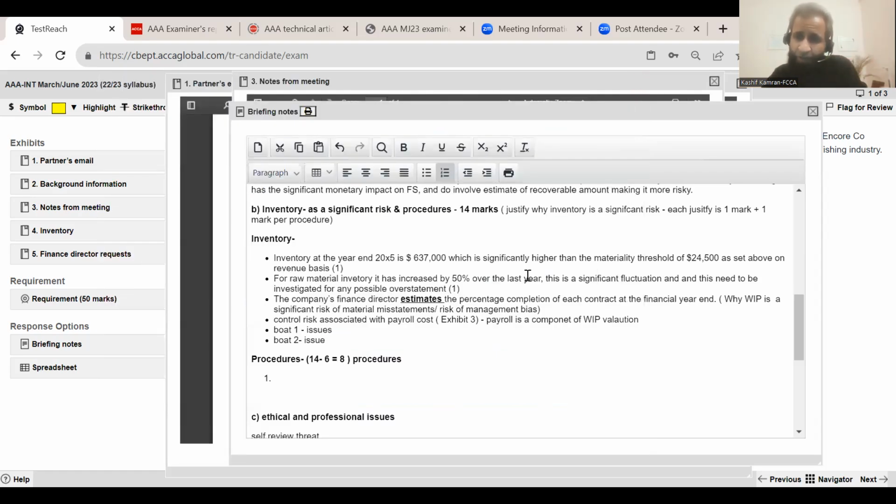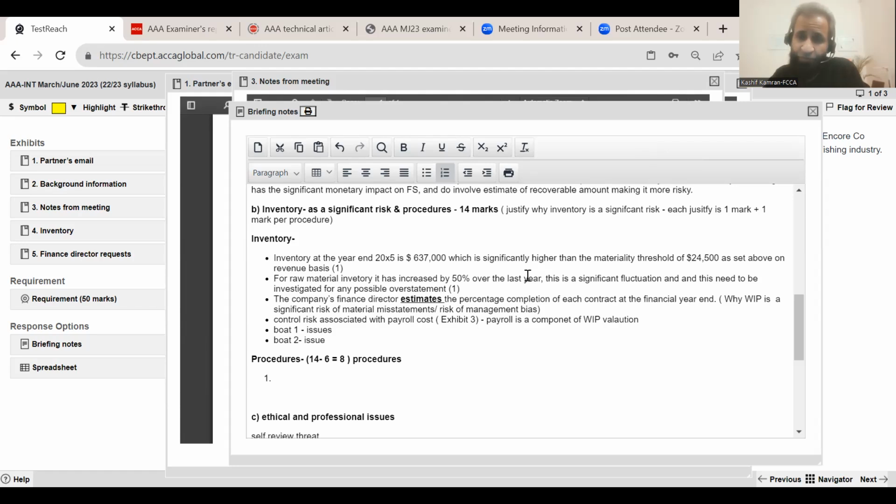This is one requirement which can come in your future exams as well, where the examiner might ask you to justify why a certain account balance has been considered a significant ROM. So you need to go into the case to find the justification. One simple justification could be that it is above the materiality threshold, and the rest of the justification should come out of the case study.